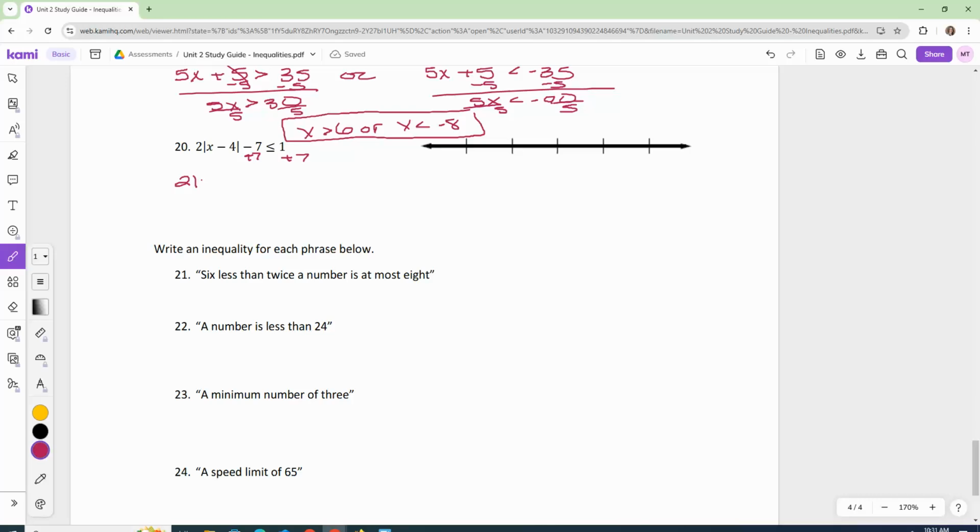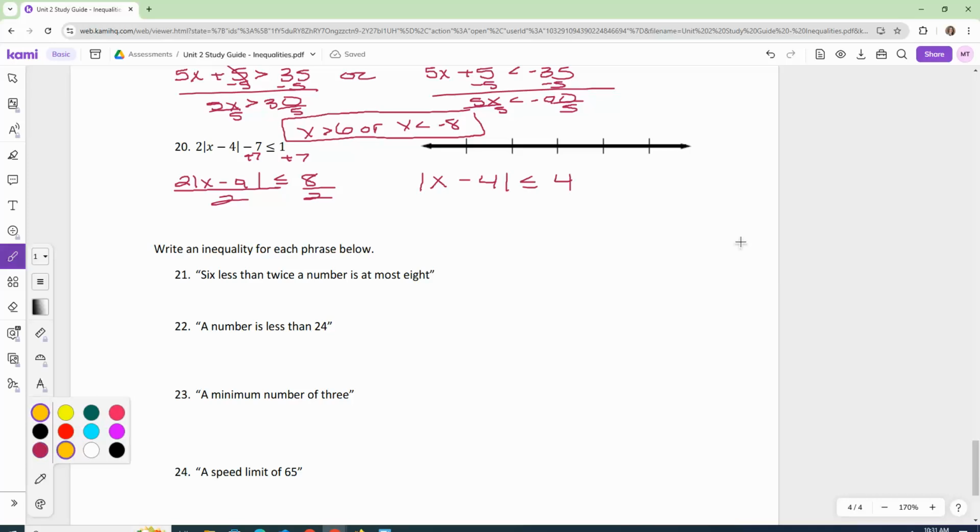So we have 2 times the absolute value of x minus 4 less than or equal to 8. Then we need to do what to get rid of this 2? Divide by 2. So the absolute value of x minus 4 is less than or equal to 4.